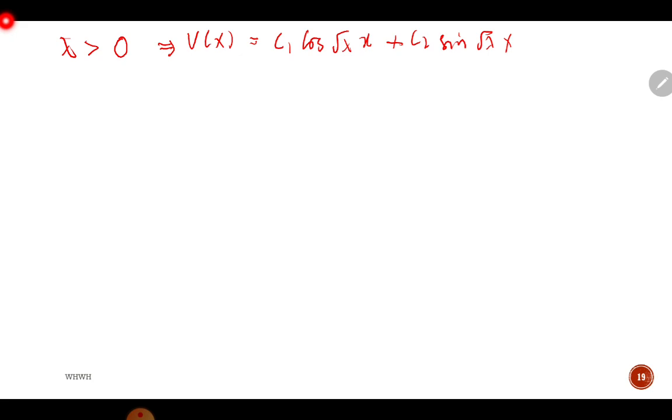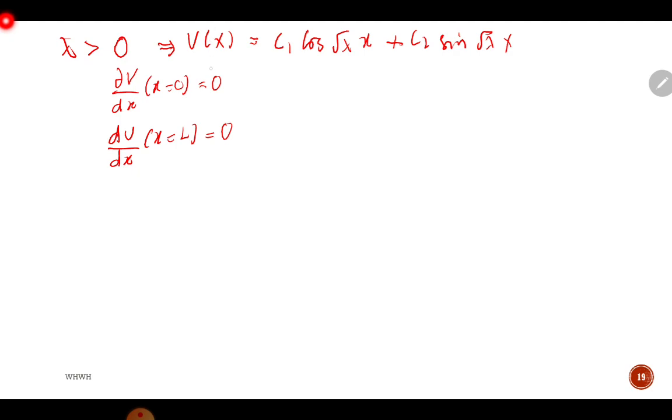What makes the difference is only the boundary conditions that we will check now, which is dv over dx at x equals 0 is 0. Second one, dv over dx at x equals L is equal to 0.